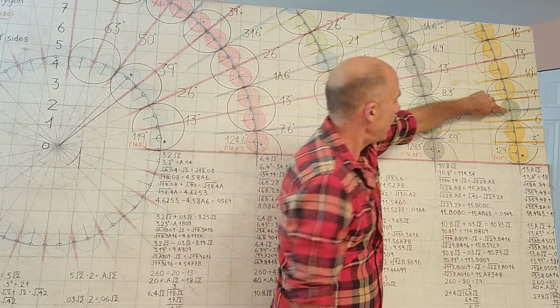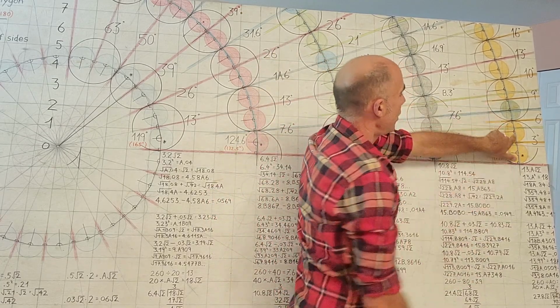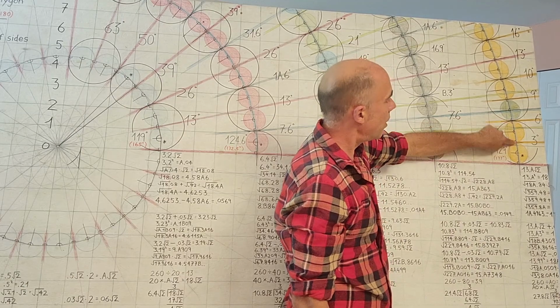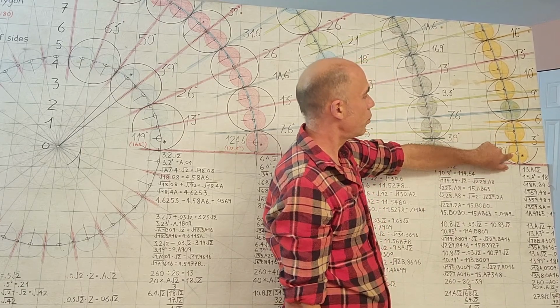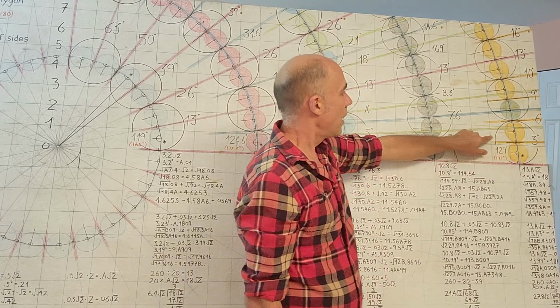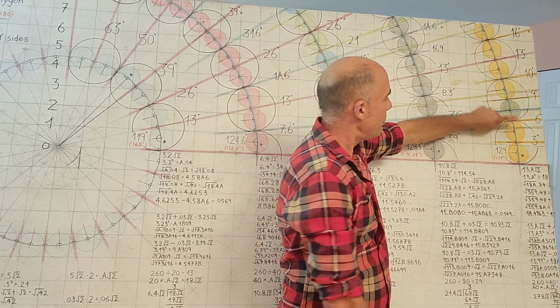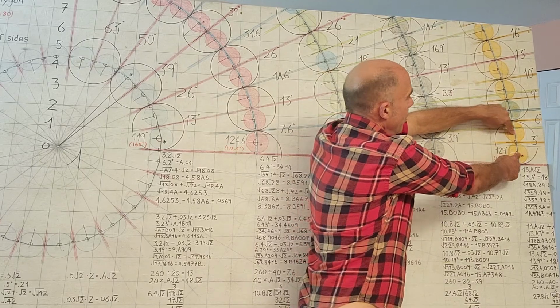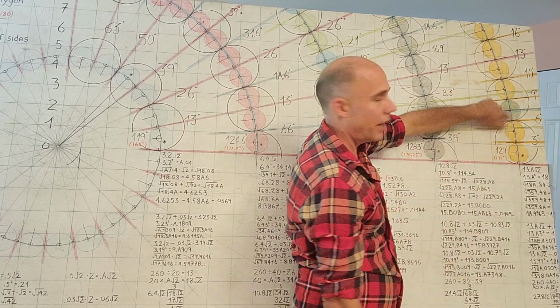And then we can find that midpoint here, which is going to be this point there. So that's going to be our, half of 3 is 1.6, so 4.6 degrees. And then we can find the midpoint between there and there to get our 3 degrees and our 6 degrees.